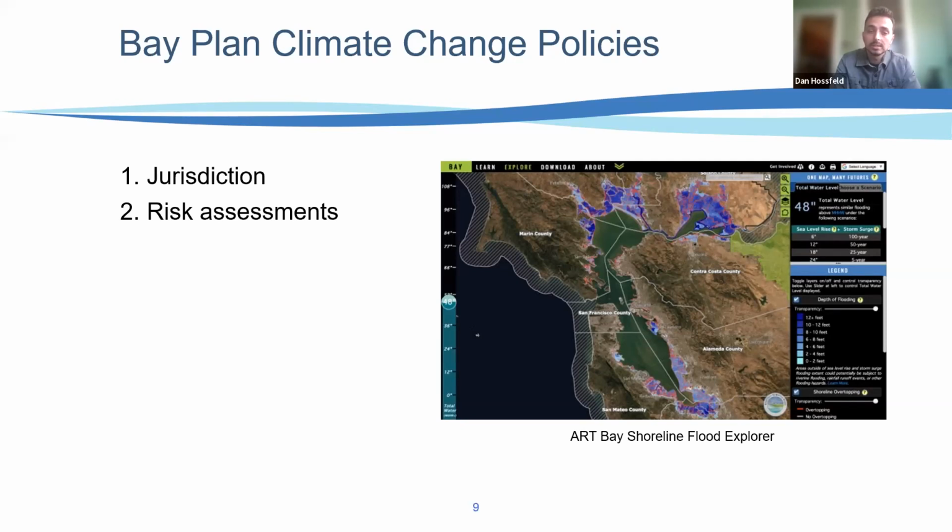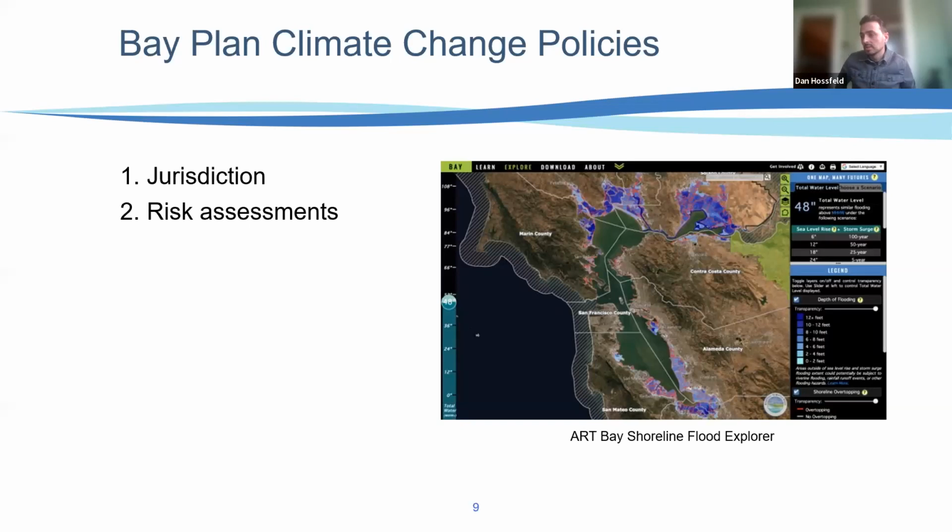And it stipulates what information should be included in that risk assessment as part of an applicant's permit application. Many projects have been required to provide these risk assessments in the last decade due to this policy. And the guidance lays out what practitioners could consider when conducting a risk assessment and provides tools for carrying this task out.